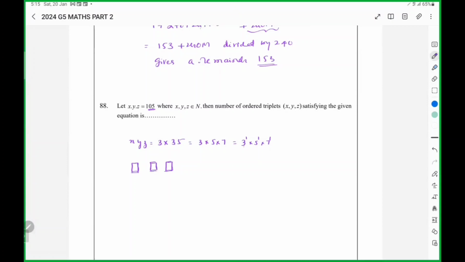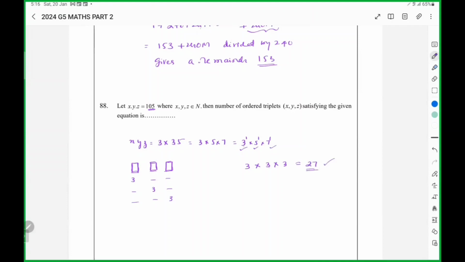There are 3 places for 3. Like you can put it here, or here, or here, that is 3 possibilities for 3. 5 and 7 are the same. So there are 27 possible solutions.